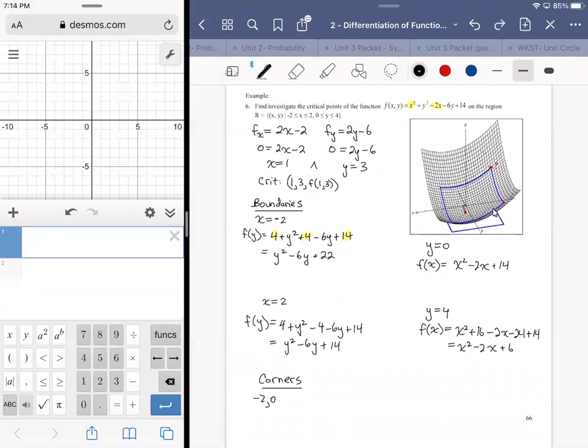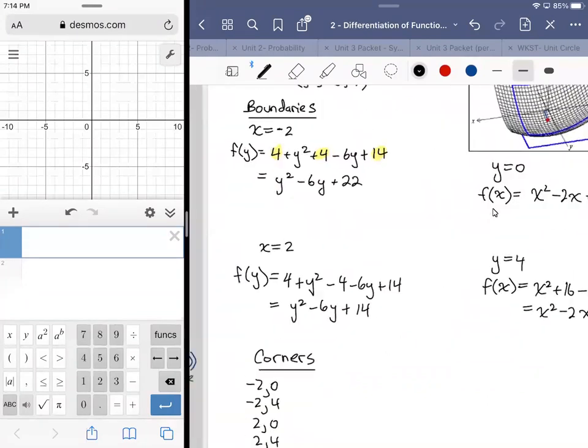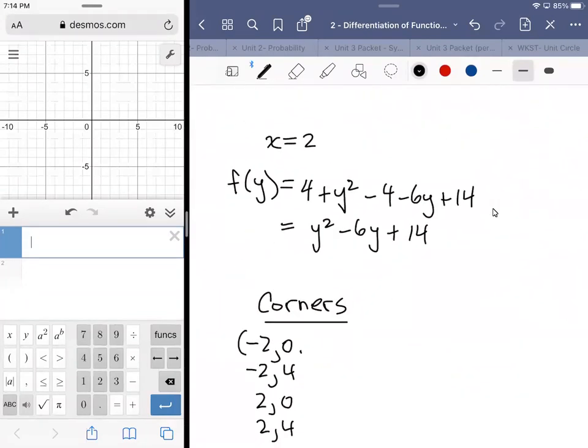I'm going to write the ordered pairs first, and then I'll get the triple value in there. So negative 2, 0, negative 2, 4, positive 2, 0, positive 2, 4. These would be the corner values evaluated for the original function.